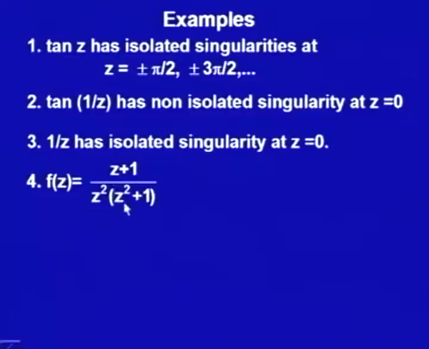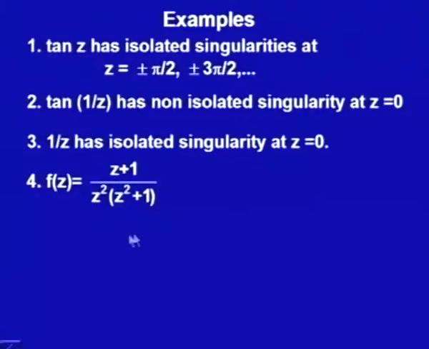Now, let us take another example. f(z) is (z plus 1) upon z square into (z square plus 1). We see this is a rational function, where the numerator is a polynomial as well as the denominator.